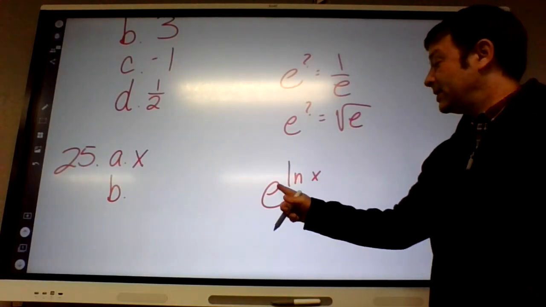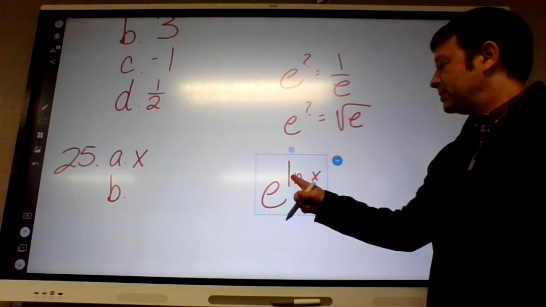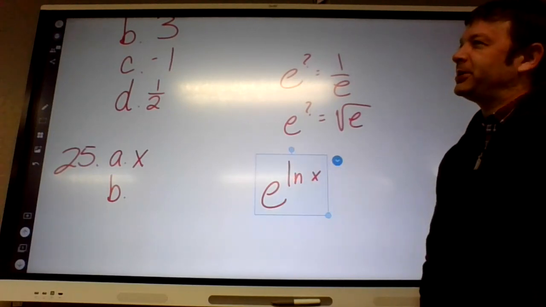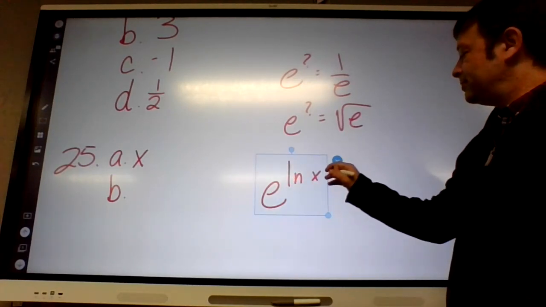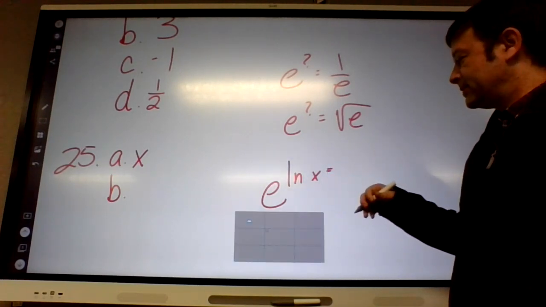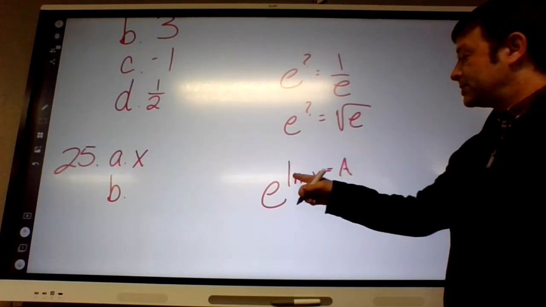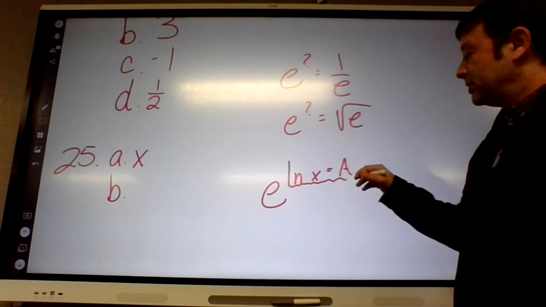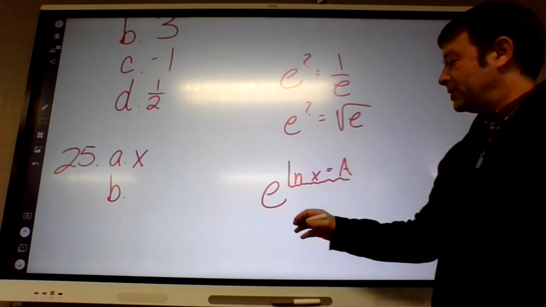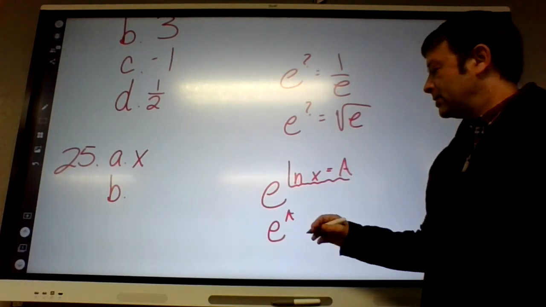And this is saying e to the what? I don't know how to explain this very well. So if you said this was equal to another variable, say a, just the natural log part. If the natural log of x equals a, then this would equal e to the a.